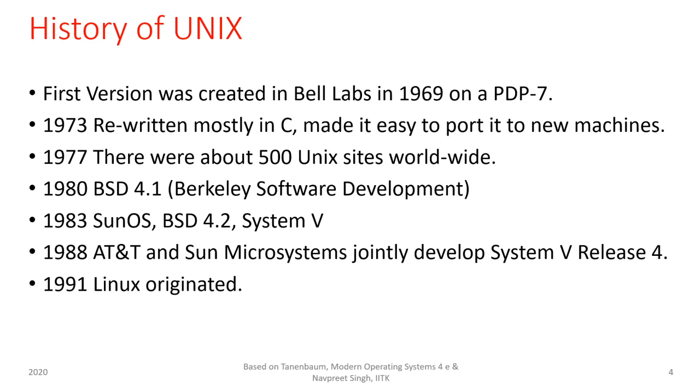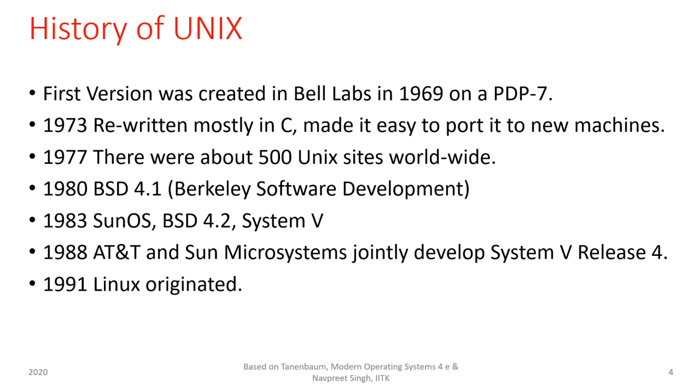So the initial version of Unix was from the 70s, or like 69, 70s, and then it came to be used much more prominently throughout the 70s, and then throughout the 80s and so on, there were a number of variants, a number of variations of Unix-based operating systems, or BSD operating system. SunOS came about.